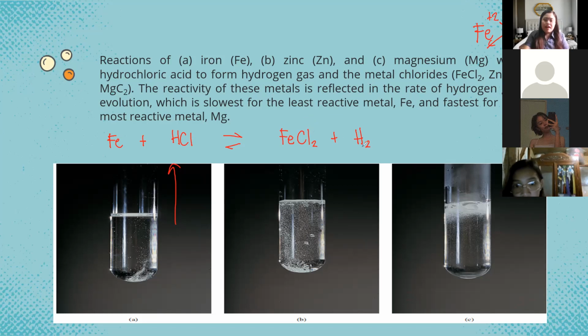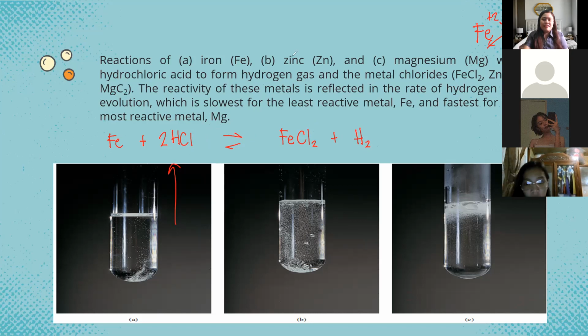Since you have one hydrogen and 1 chlorine in the reactant side, while you have 2 hydrogens and 2 chlorines in the product. So you can add 2 here as the coefficient para maging 2 din si hydrogen, maging 2 din si chlorine. So this time, this is already balanced.